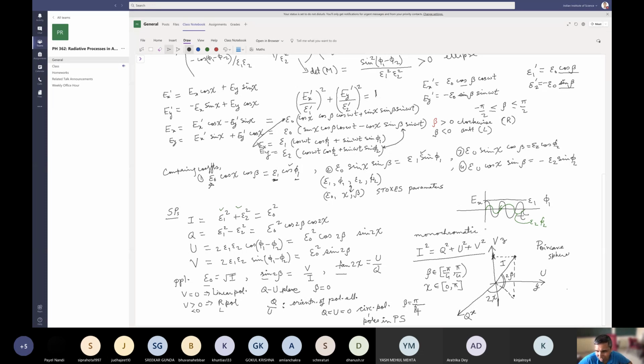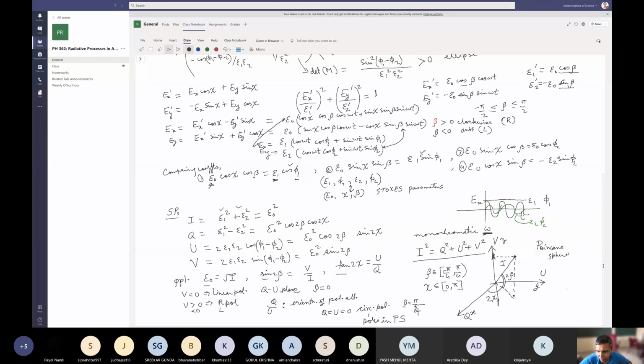Monochromatic means a single frequency omega, right? In principle, if omega is a solution, some other frequency is also a solution. But here we are only talking about a fixed frequency of the wave. Okay.